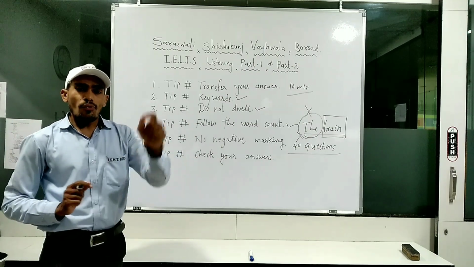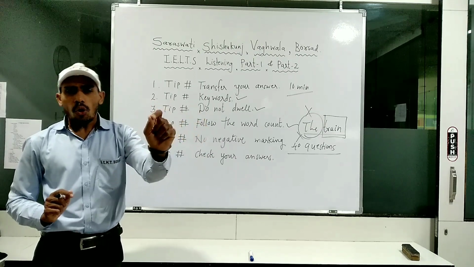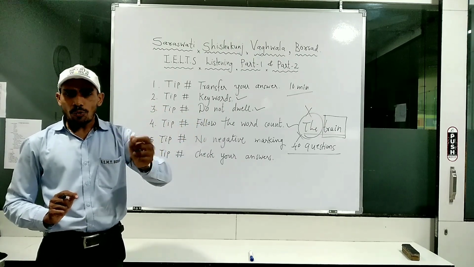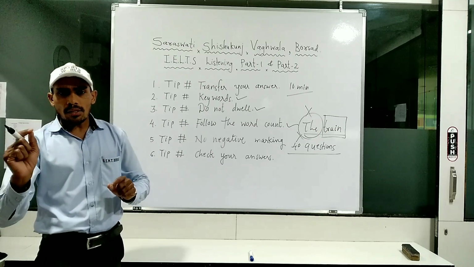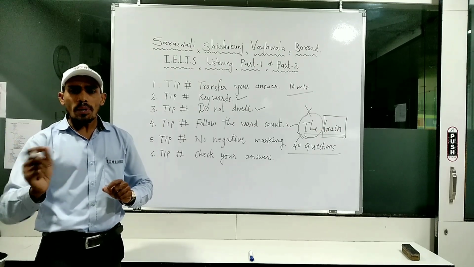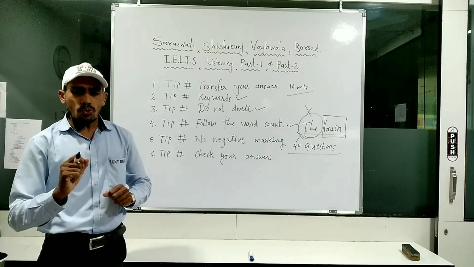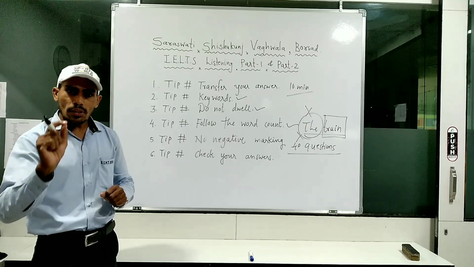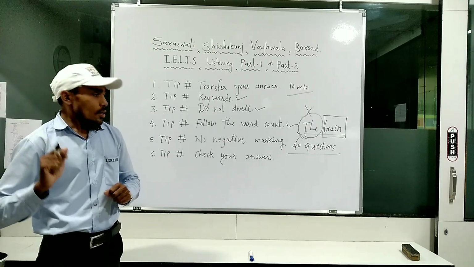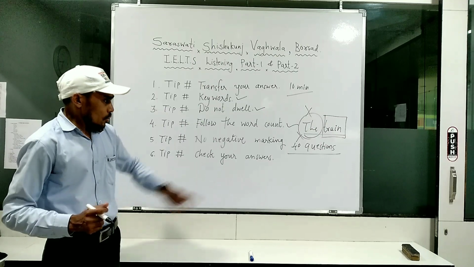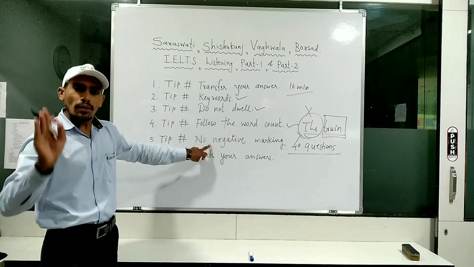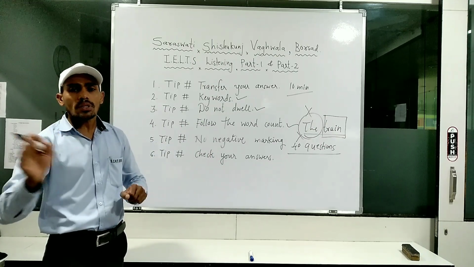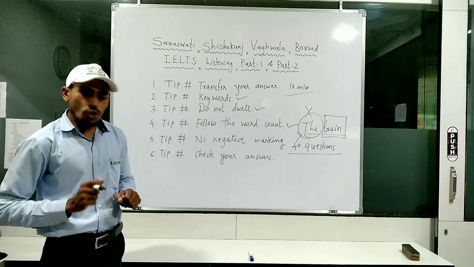Why? Because when you guess, and you think that your answer may be correct or may be incorrect, you need to write something in the answer sheet. Sometimes you may get it correct. So there is no negative marking. Make sure that you write something or the other in the answer sheet.